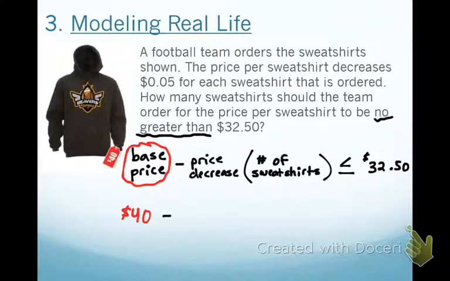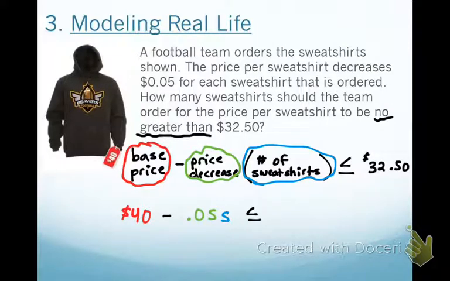What is the price decrease per sweatshirt? 5 cents, so 0.05, times the number of sweatshirts. What could we use as a symbol for sweatshirts? S. Then let's keep our same inequality symbol, less than or equal to $32.50.